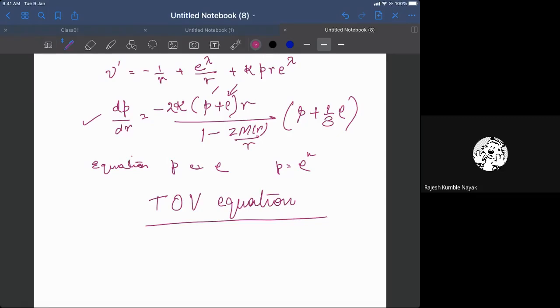This is a spherically symmetric star with the given equation of state. You can solve them. So this is essentially what we mean by solving the equation of state for the relativistic star. Any questions? Of course, this has to be done numerically. There is no way of solving it analytically.